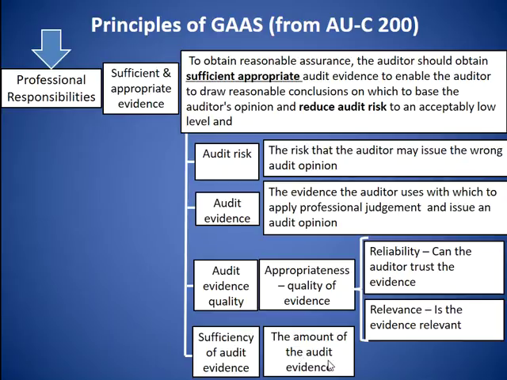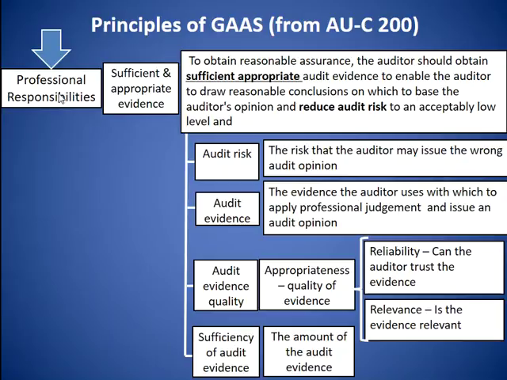Sometimes, if evidence is not direct, we have to obtain it indirectly, from several different independent sources that help corroborate the information. So the auditor can say, okay, it's now a sufficient amount of evidence.